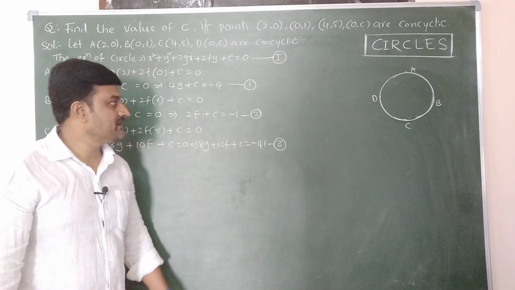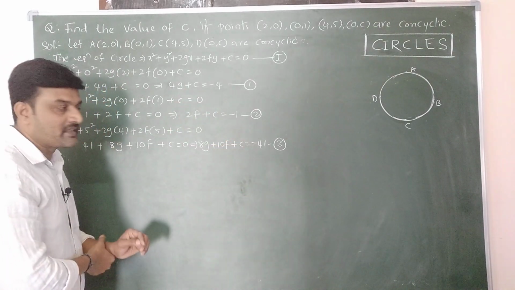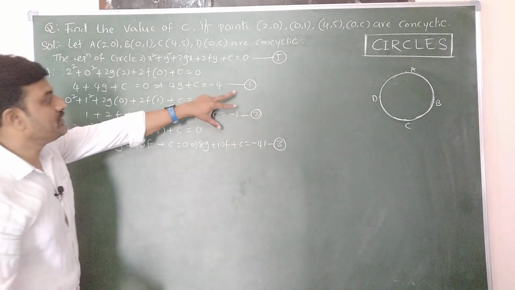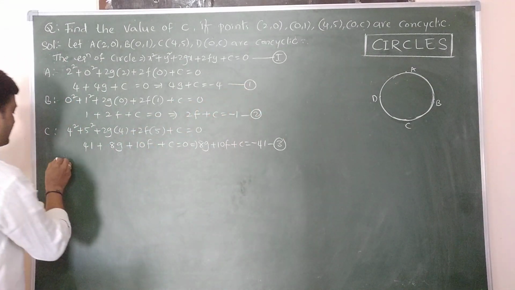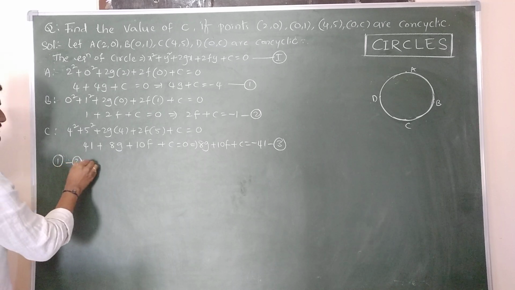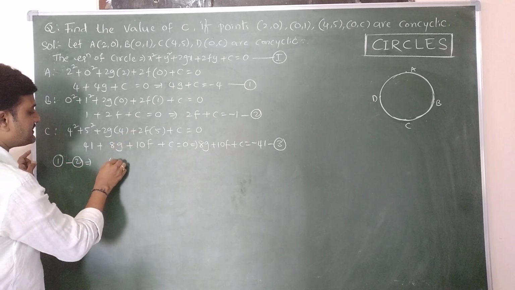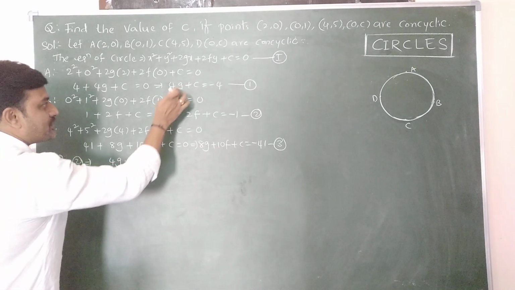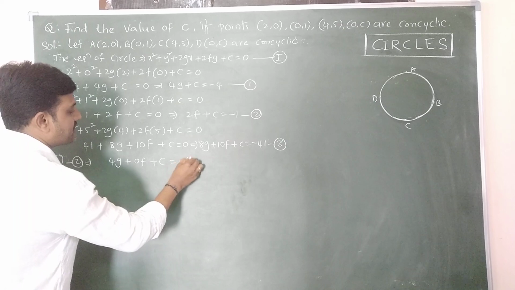Now we can solve these 3 equations. First of all, we remove c by taking a pair of 2 equations. Now subtraction of 1 and 2. Equation 1 has 4g, there is no f, that's why 0f plus c equals to minus 4.